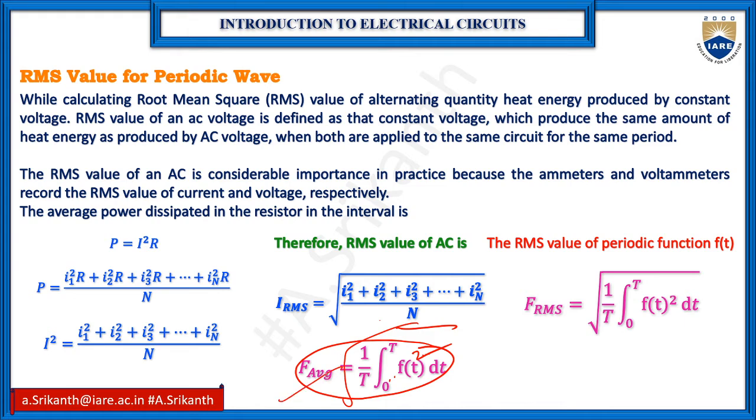But the RMS value depends upon the heat losses. We have heat losses in AC, so I squared R losses. Depending upon the I squared R losses, we get the RMS value. Why do we need the RMS value? For an alternating supply, suppose at a particular time I want to measure it.